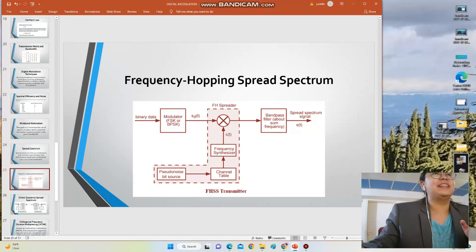That is the spread spectrum signal. So this one is the FHSS transmitter. This one has a pseudonoise bit source, channel table, and frequency synthesizer.